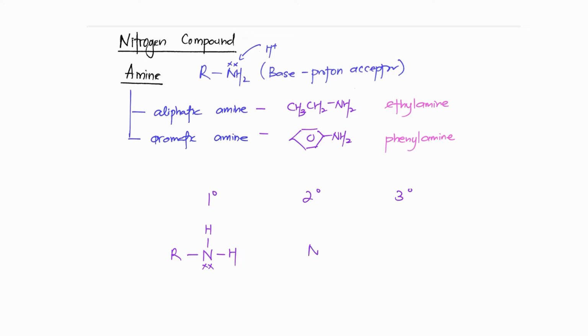What if the N is bonded to 2R, 2 alkyl groups, and 1H? It is a secondary amine. The last one, if the N is bonded to 3R, 3 alkyl groups, it will be a tertiary amine.